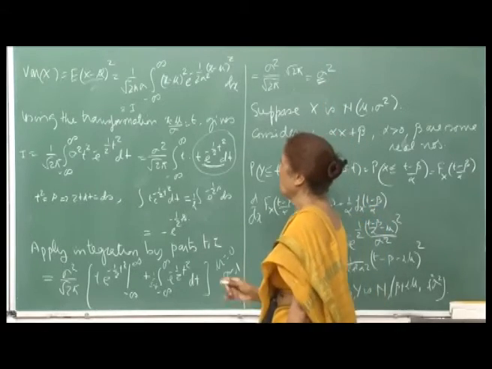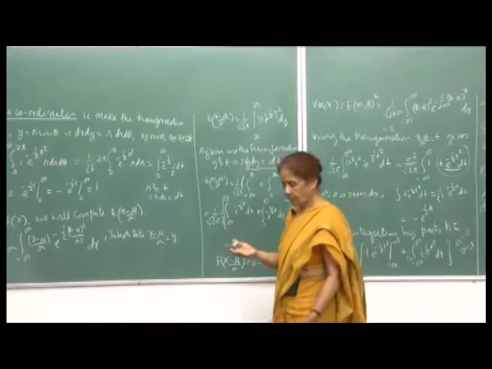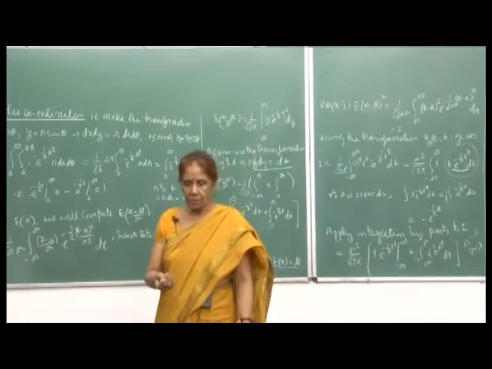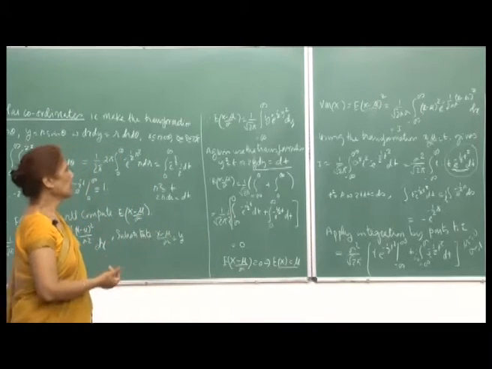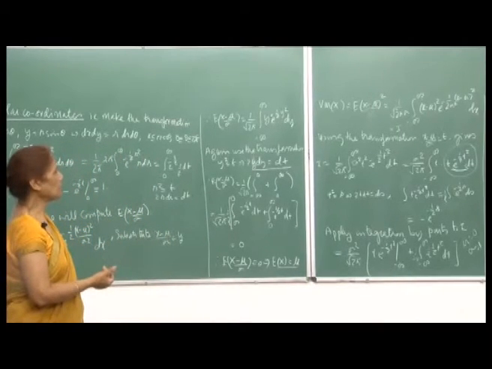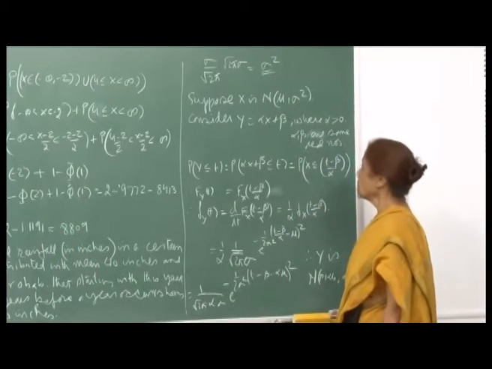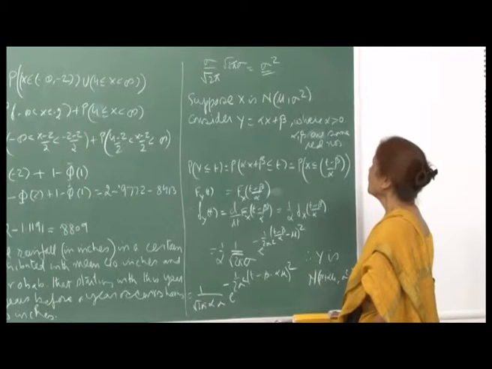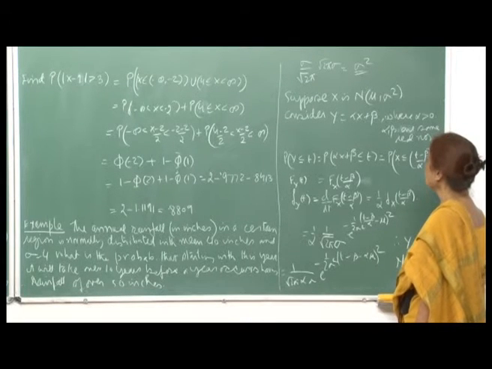So, therefore, the variance of the random variable is sigma square. So, now it is very clear what the parameters denote. When we say normal mu sigma square, mu is the mean and sigma square is the variance. So, we just saw that for the normal distribution, the parameter mu is the mean and sigma square is the variance.